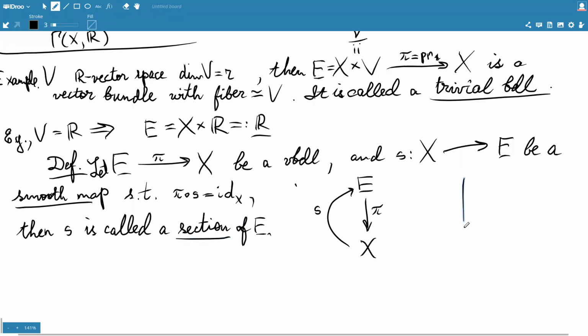So if we draw the picture, E is fibered over X. So here is E, here is X, and here is the projection pi. Each fiber, if I take x, is a vector space.